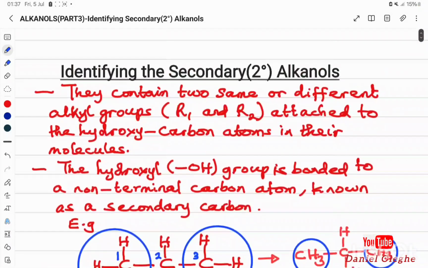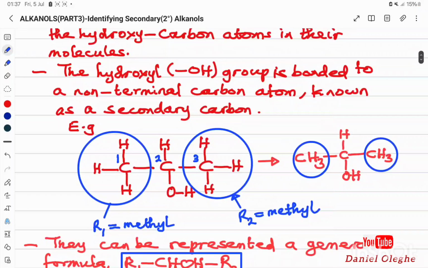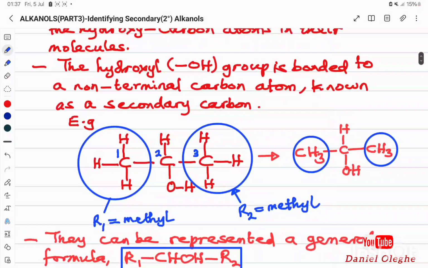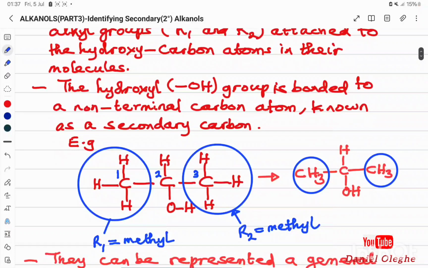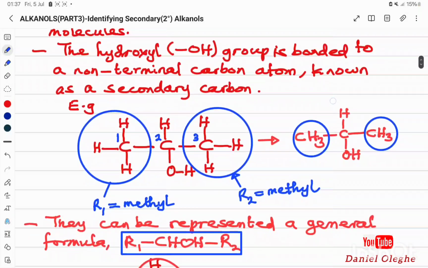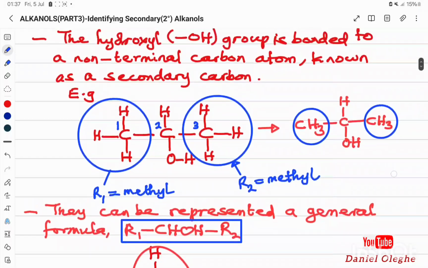Don't forget, secondary alkanols are those group of alkanols that contain 2 alkyl groups which may be either the same or different, and they are attached to the hydroxy-carbon atom in their molecules. The hydroxy-carbon atom present in the molecule is a non-terminal carbon, that is the carbon atom found between the terminal carbon atoms in the chain.